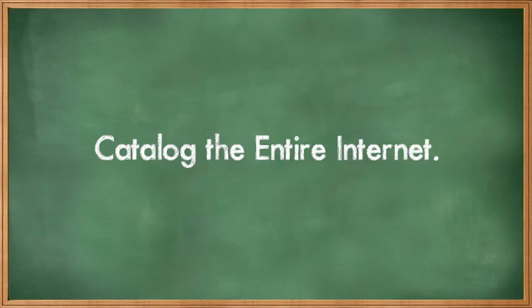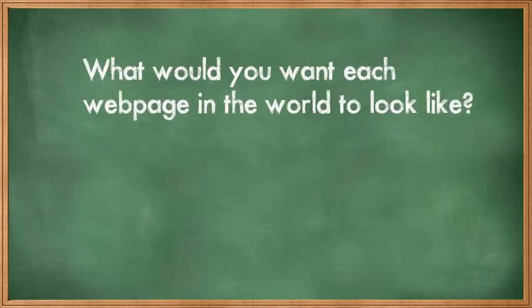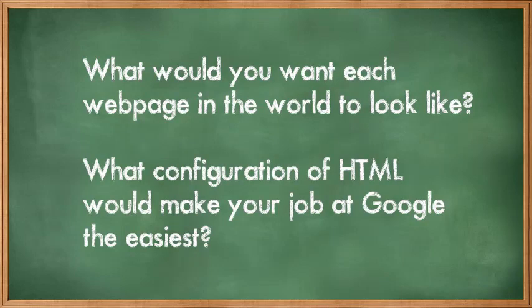In other words, let's pretend that every web page in the world had the exact same format, and you had the power to force every website owner in the world to use one design, one HTML layout, one that you yourself choose. So ask yourself, what would you want each web page in the world to look like? What configuration of HTML would make your job at Google the easiest?